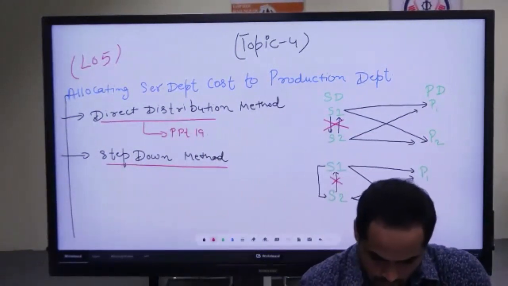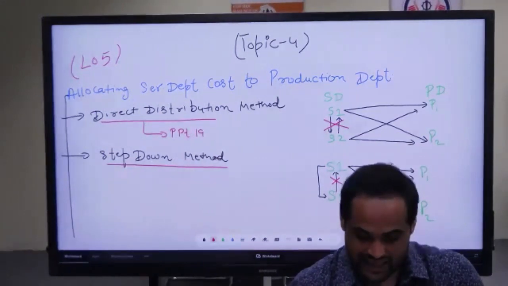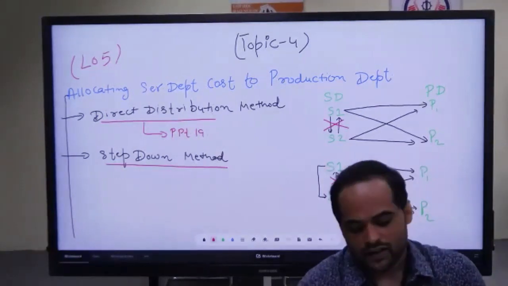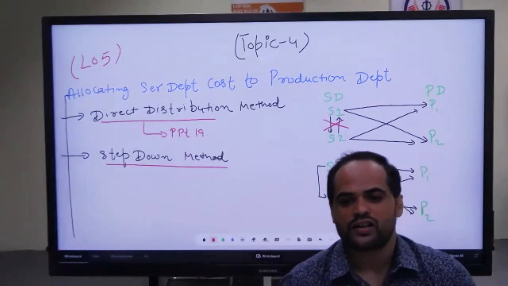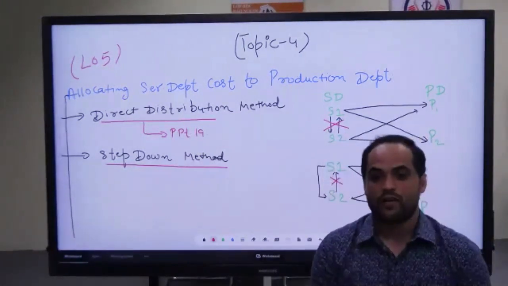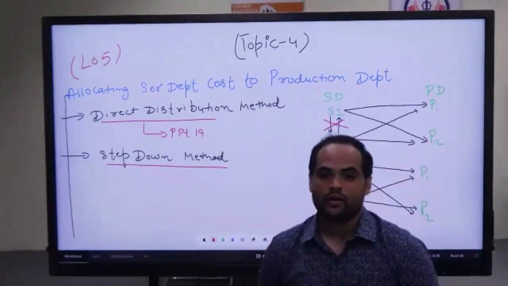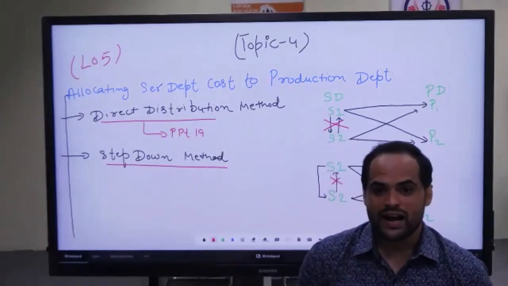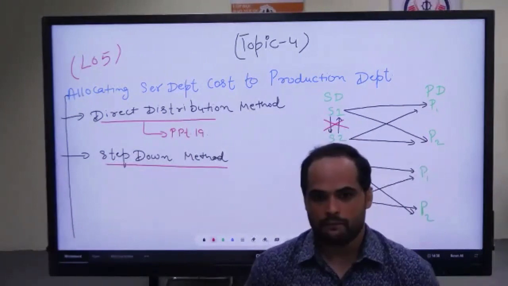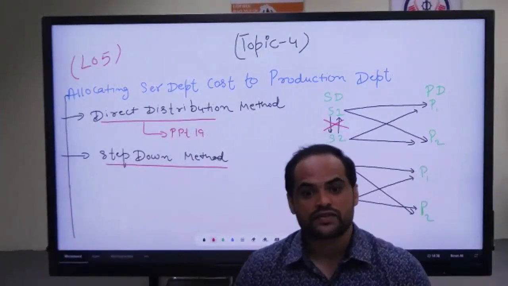One student asked me, sir, how can we know which service department cannot serve another department? You don't have to find out the reasons why this department is or is not providing services to another service department. You don't need to worry about it. Because when we are allocating one service department, we ask which department you are providing services to and what kind of service.